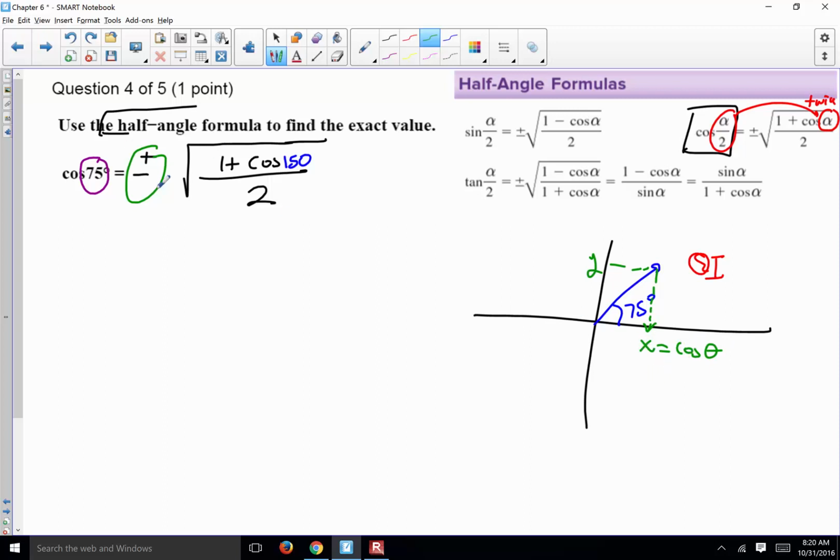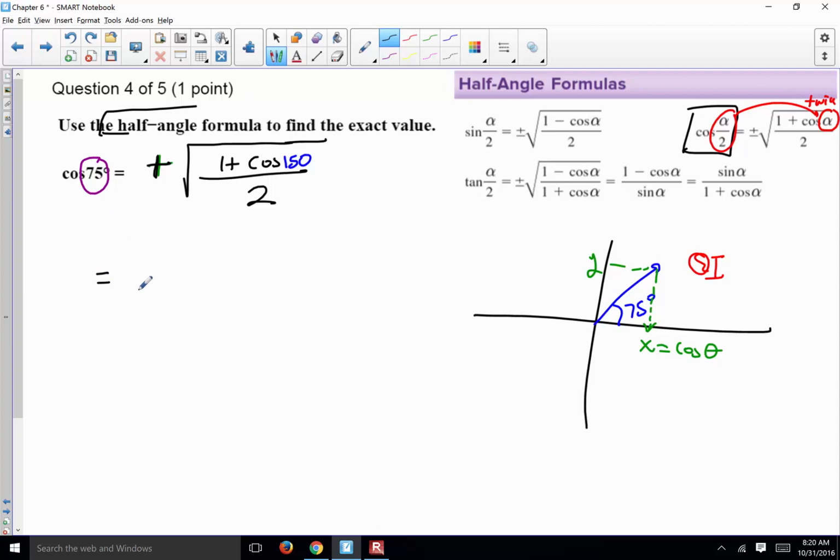So what kind of sign can a quadrant 1 angle have for its cosine value? Plus or minus? Plus. So when you're picking this formula, you need to only pick one choice of the sign. Maybe plus or minus, but it's determined by the quadrant location of the angle provided.